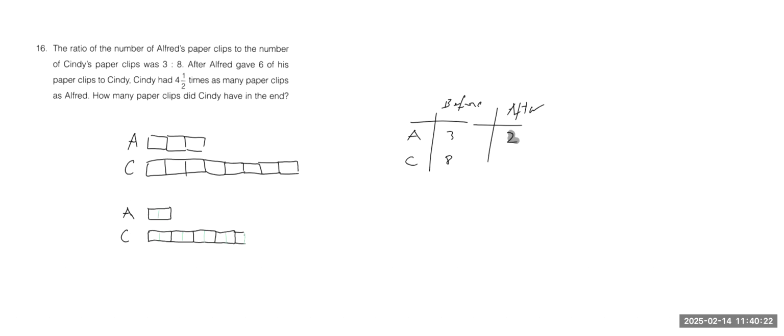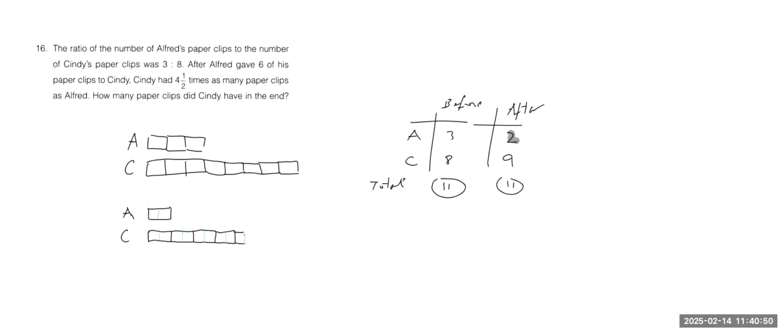Now look at that, that's very interesting because the total number of units did not change, interestingly. They had 11 units before and they have 11 units still. And the number of paper clips hasn't changed either because just Alfred gave 6 paper clips to Cindy. So he gave 6 paper clips to Cindy.